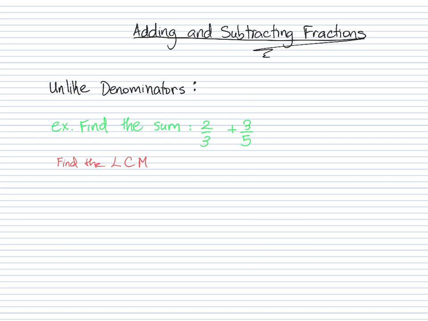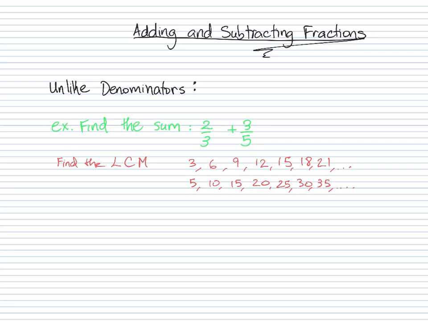So the multiples of 3, if we were to list them, 3, 6, and we could go on and on. I'll stop at some point: 12, 15, 18, 21, and hopefully our lowest common multiple is in that list. The multiples of 5 are 5, 10, 15, 20, 25, 30, and hopefully the lowest common multiple is on that list.